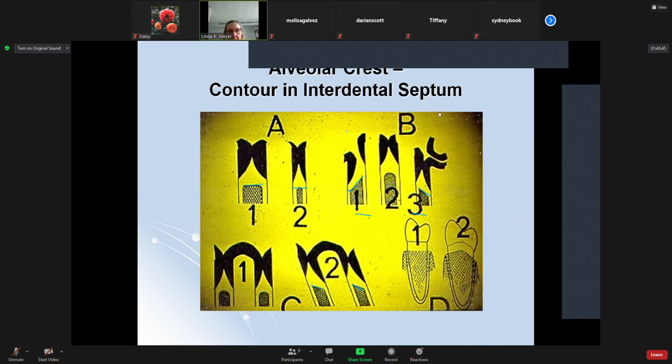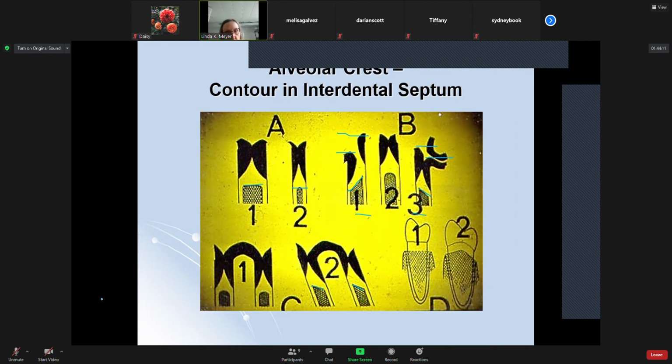Here's the occlusal plane for this tooth, but here's the occlusal plane for this tooth. And same here, this tooth is up higher than this tooth. Picture C shows us mesial drifting of teeth. C2 shows us mesial drifting.